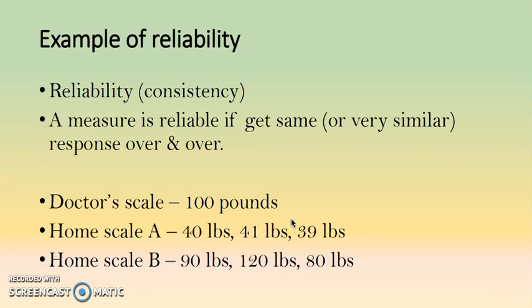Now, obviously, this is very different from the truth, which is 100 pounds. But this scale is reliable. It gives similar responses over and over again. Scale B gives first 90 pounds, then 120 pounds, and 80 pounds. So it's closer to the truth, but it's not very reliable. You're getting different results each time.